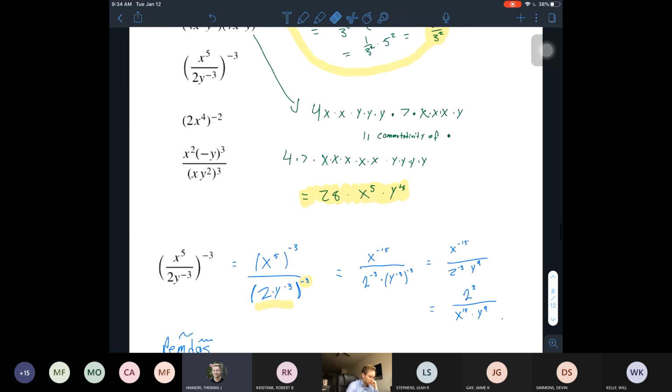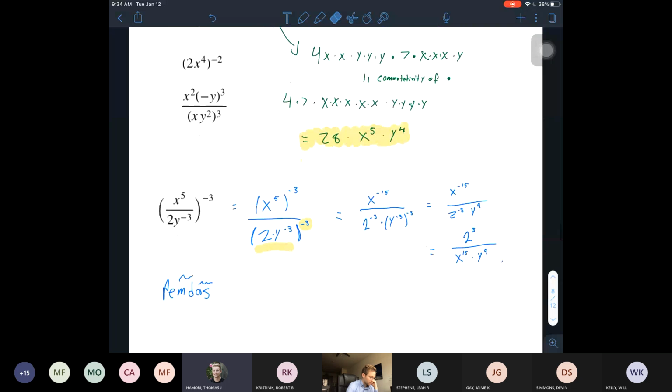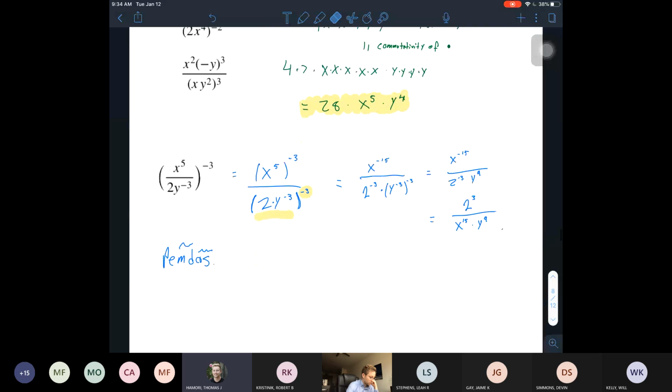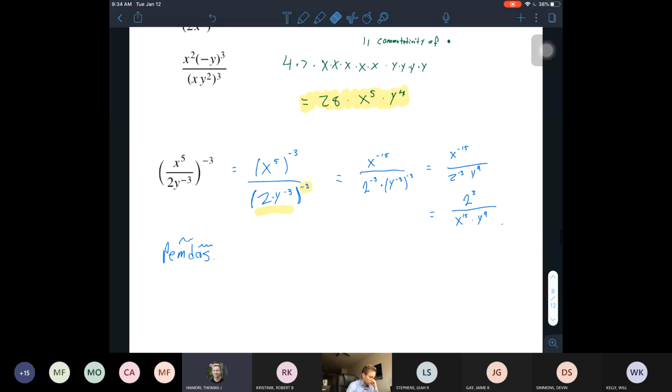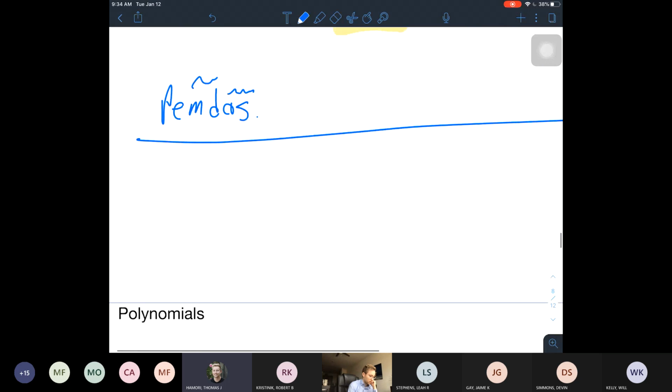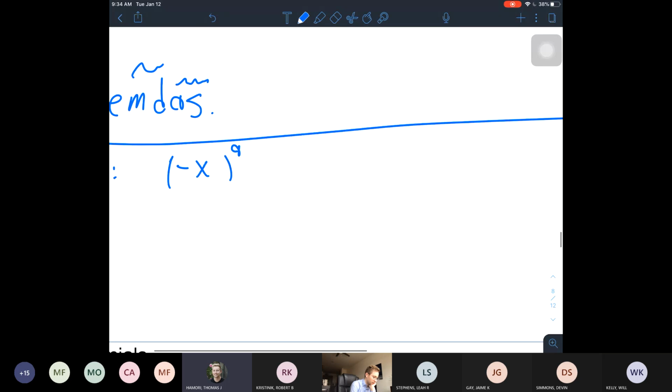Okay, let's see. Is this last one worth doing? No, but I will make one note. Okay, what should the note say? The note says (-x) to the power a is going to be equal to just x to the power a if a is an even number.